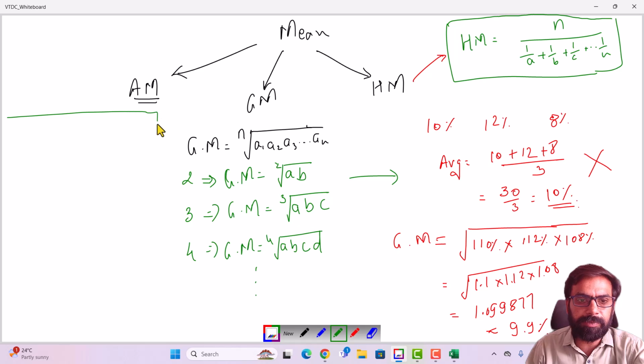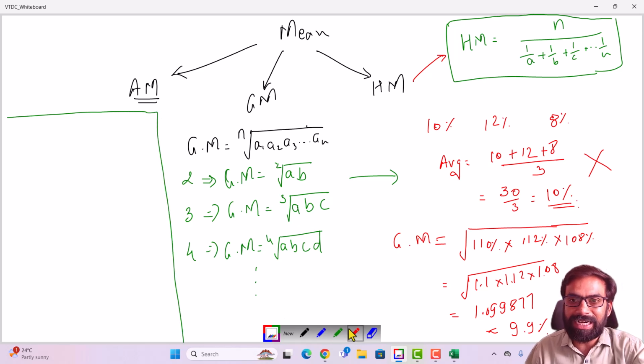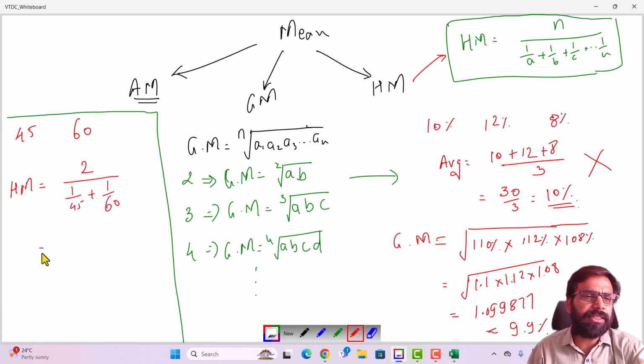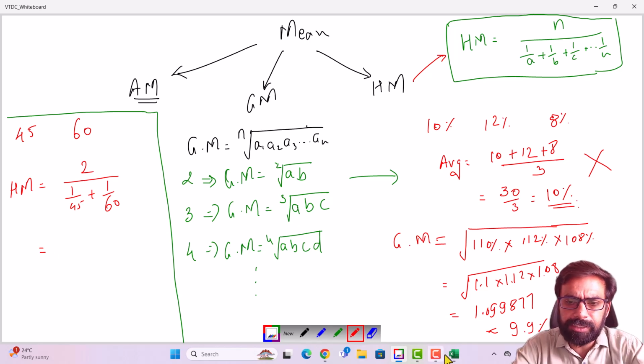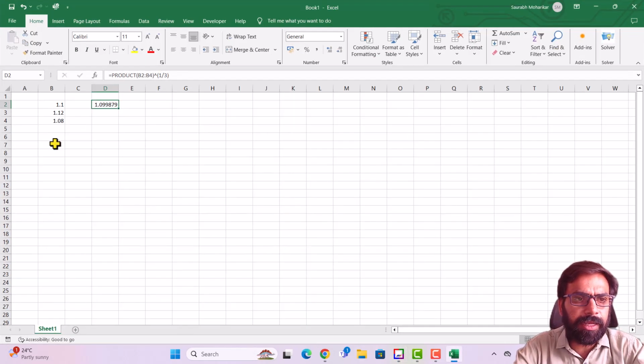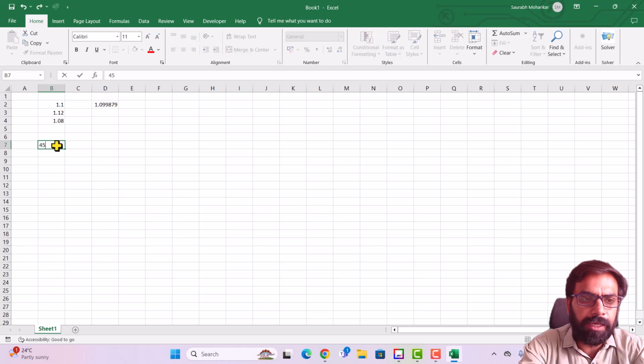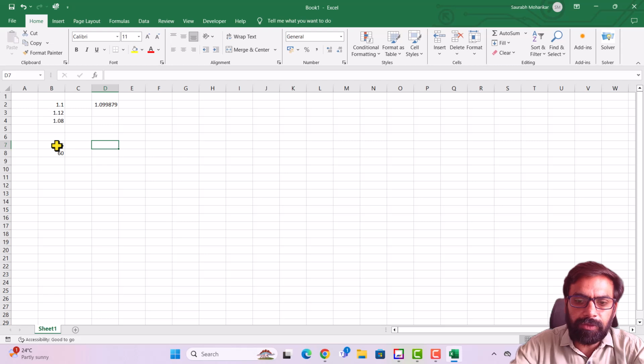So, for example, if I had to calculate HM, now I'm not left with any space over here. I'll probably use this particular portion and I'll use the red pen. If I had to calculate the harmonic mean of two values, let's say 45 and 60, the harmonic mean will be equal to the number of quantities 2 divided by the sum of their reciprocals, which is 1 by 45 plus 1 by 60. Again, this will lead us to some calculation, so I'll use Excel. Is there a direct formula to calculate harmonic mean?